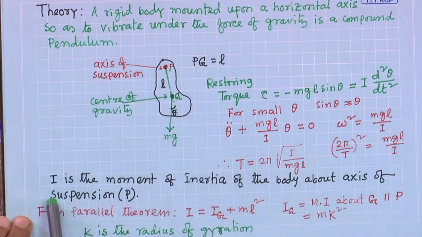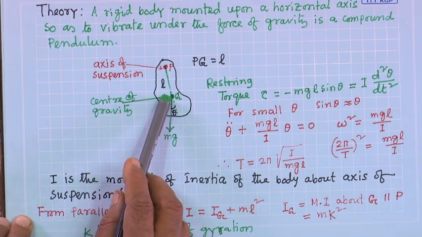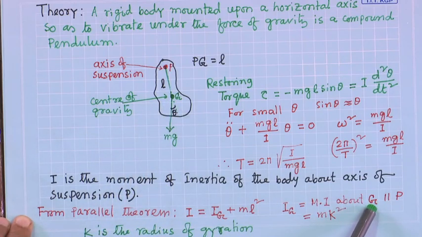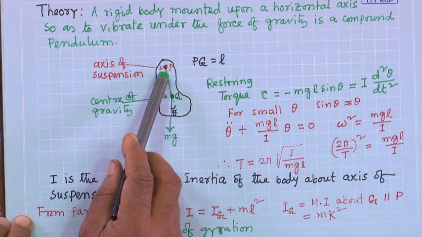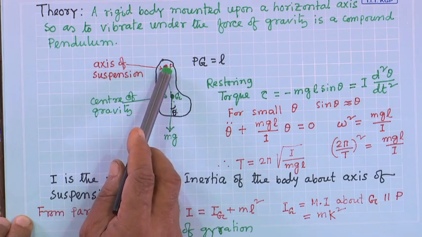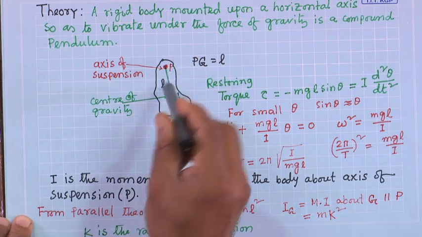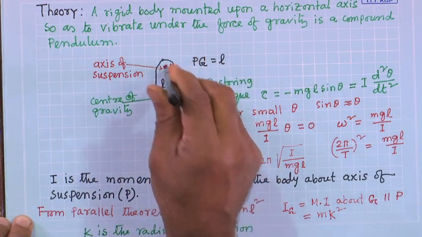So, from the parallel axis theorem, one can write the moment of inertia about the axis passing through the center of gravity G, which is parallel to the axis passing through the point of suspension. The axis here and the axis here are parallel.